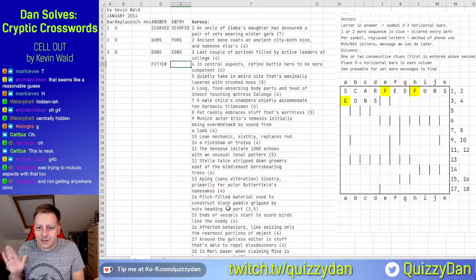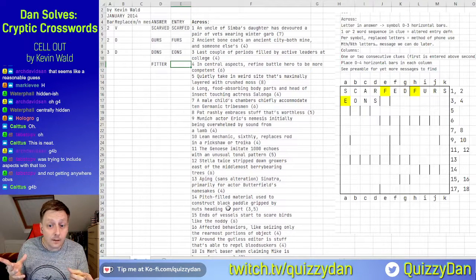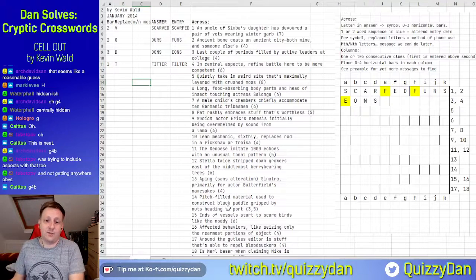So let's have the change. So if it's going to be a word of life, it's probably litter. Filter. Refine. Filter. And that confirms the L, doesn't it, of that.